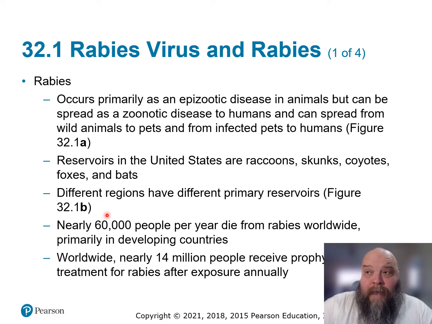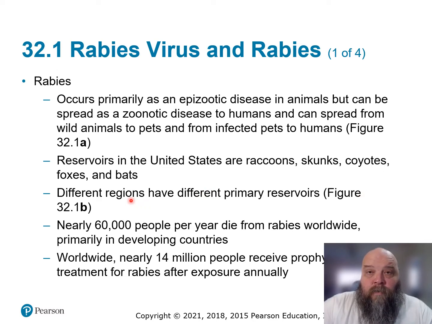Many other mammals, because this is a mammalian thing, many other mammals run away. Whereas raccoons, skunks, coyotes, foxes, they're chasing stuff down. They're coming into contact with stuff. They're also in high enough numbers in certain places that they're going to fight for territory. They bite, they scratch each other, and there it goes.